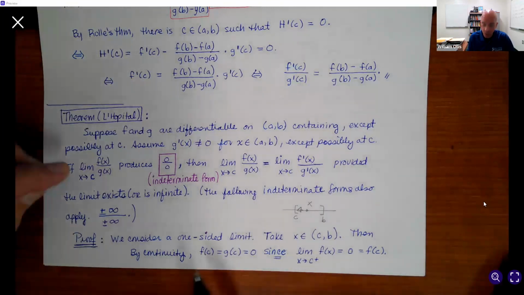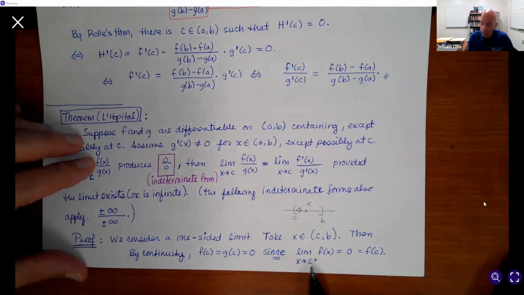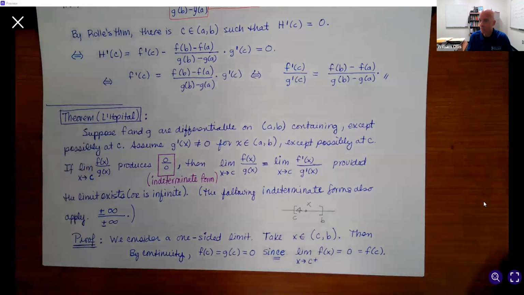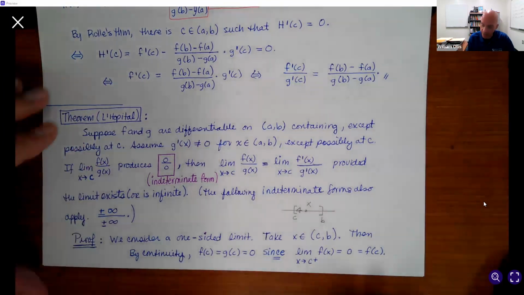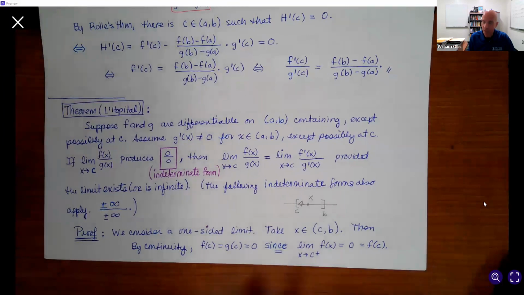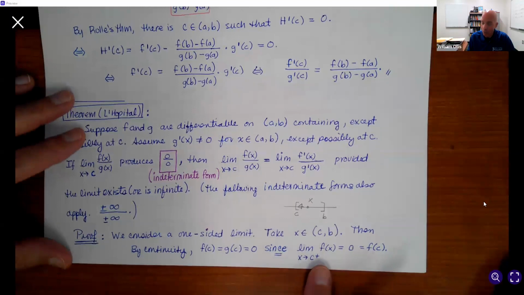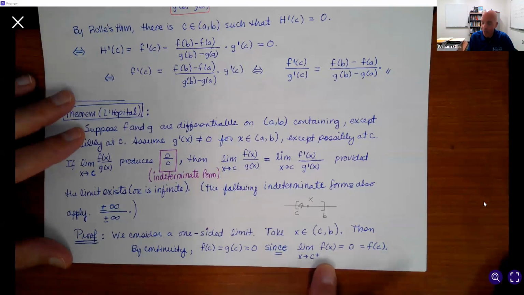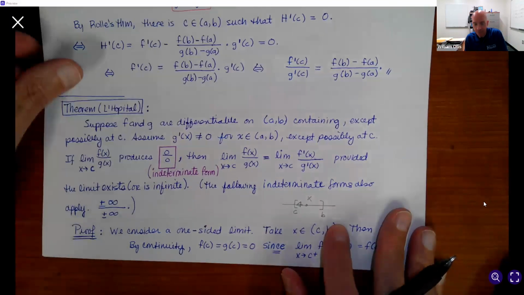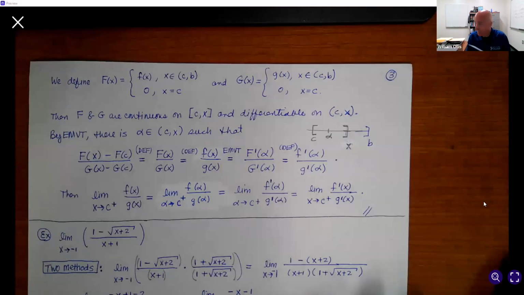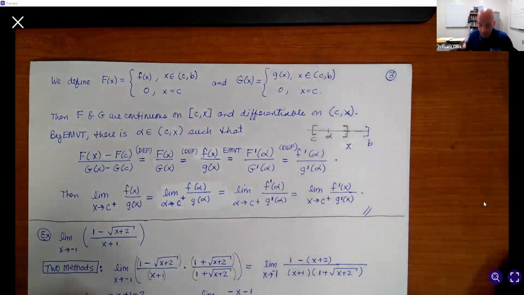So what we can do if we're considering the 0 over 0 case is we can just consider the approach of C from the right, so we can focus our arithmetic as we approach C from the right of C. So again, using continuity, since we have differentiable functions, we would know that as x approaches C from the right, for f and g, we get 0. So this is what makes this particular proof very simple.